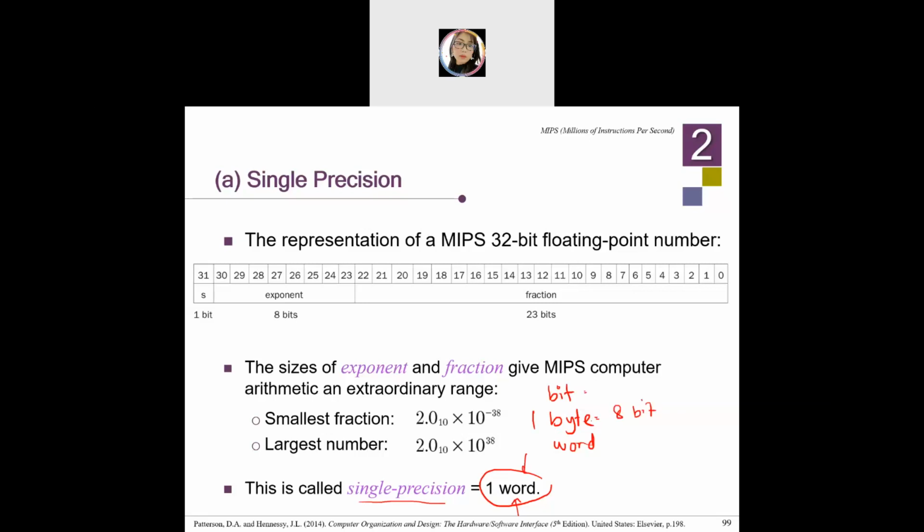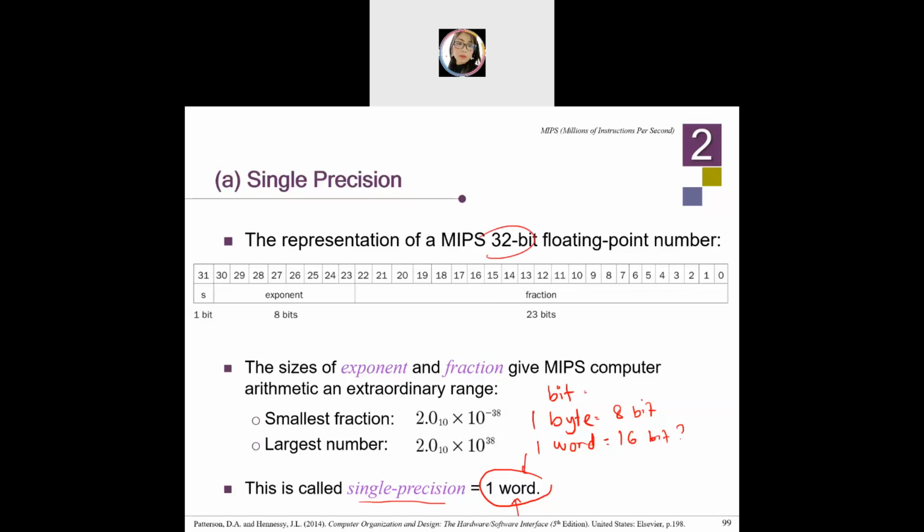One word, 16 bits? Wait, let me make sure.